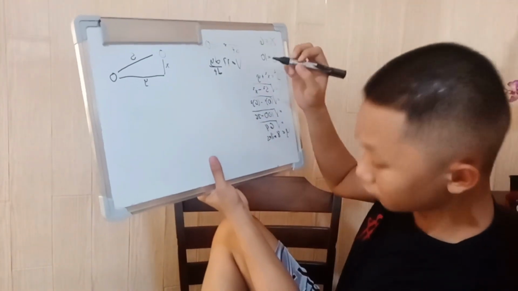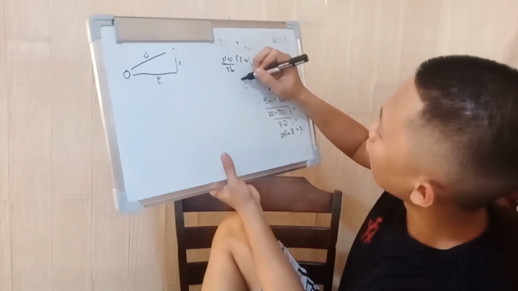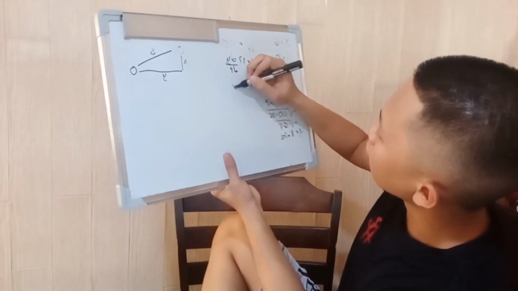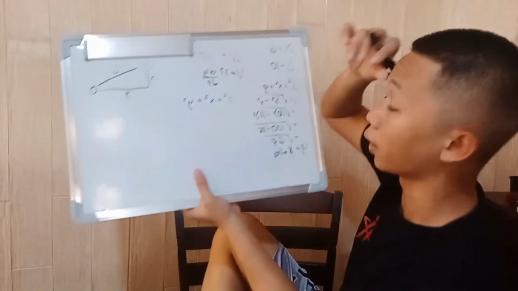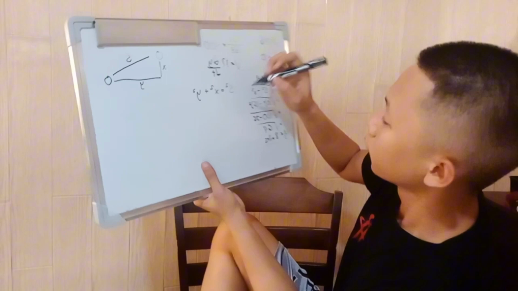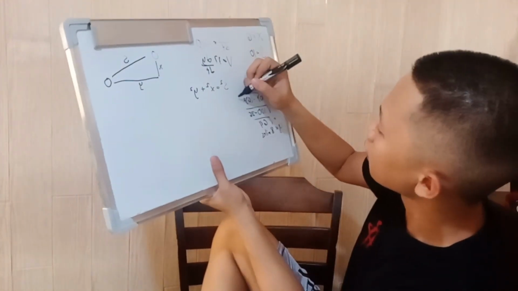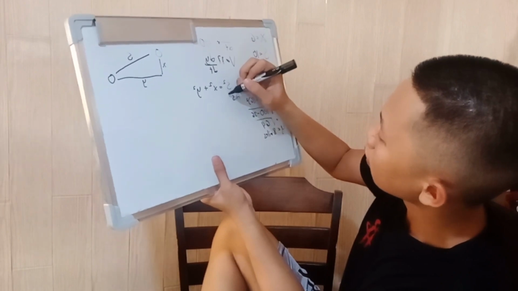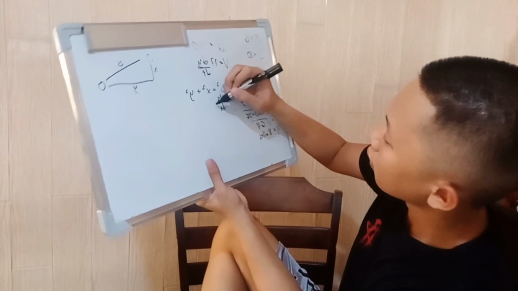So next would be the derivative of s squared equals x squared plus y squared. Right. So the derivative of s squared is 2s ds over dt.